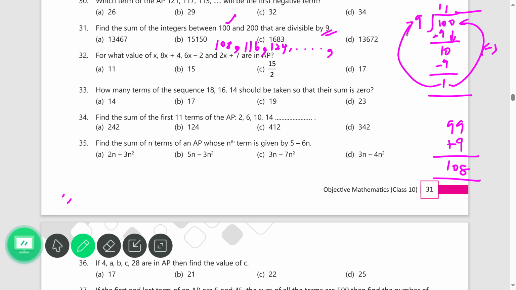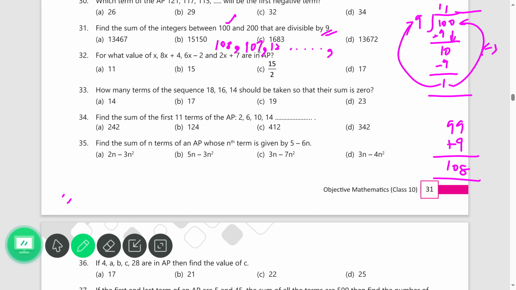Oh, sorry, I added 8. Then what am I getting? 108. Again if you add 9, 117.